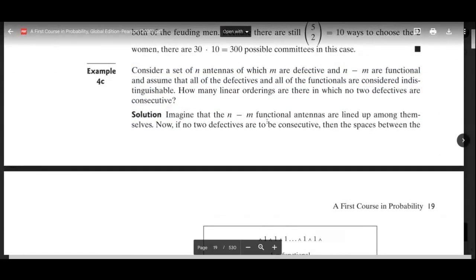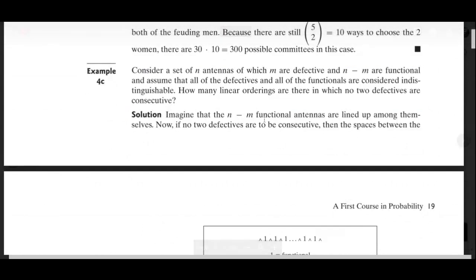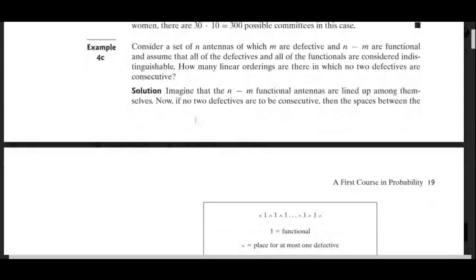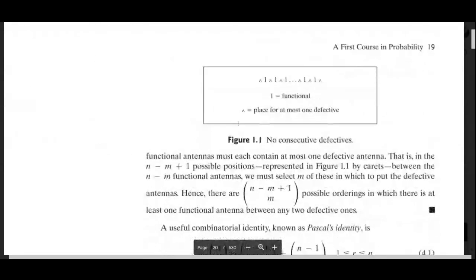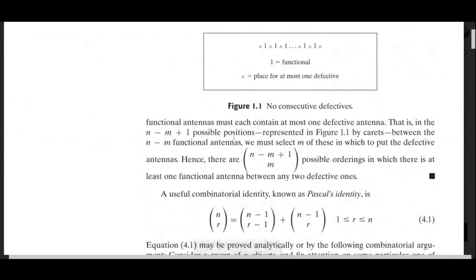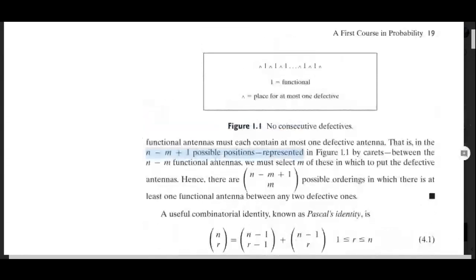Imagine that the n minus m functional ones are lined up among themselves. Now, if no two defectives are to be consecutive, then the space between the functional ones must each contain at most one defective one. So that is n minus m plus 1 possible positions, right?